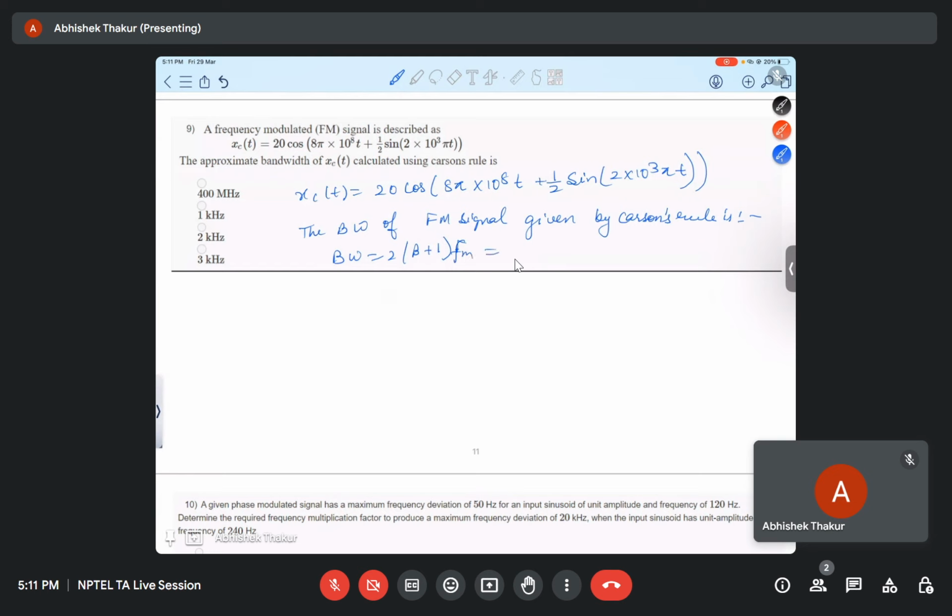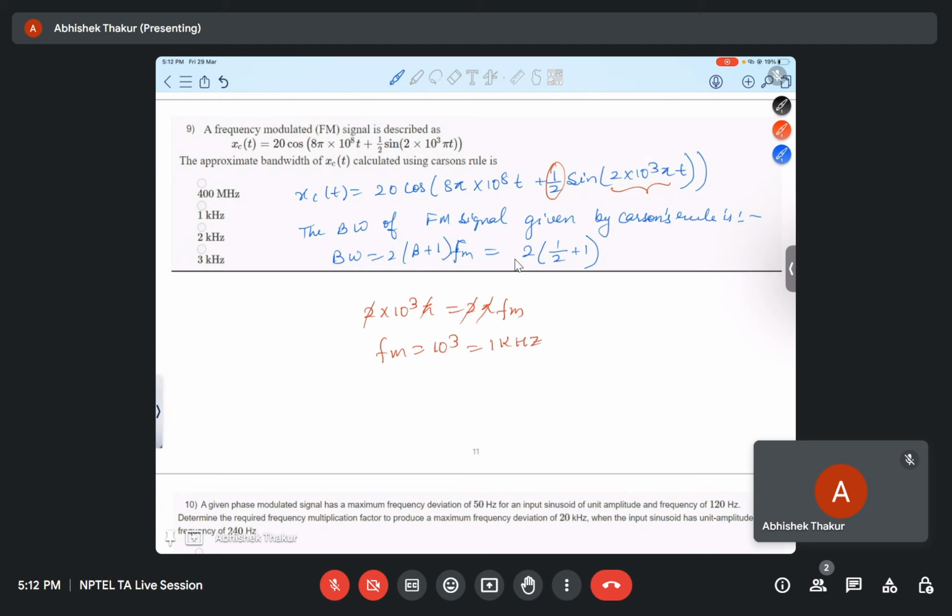Here beta is this term, so beta is given as 1 by 2. Substitute the value of beta: 2 into (1 by 2 plus 1). And fm we can find from here. It is given 2 into 10 to the power of 3 pi equals 2 pi fm. So pi and pi get cancelled and fm will be 10 to the power of 3, that is equal to 1 kilohertz.